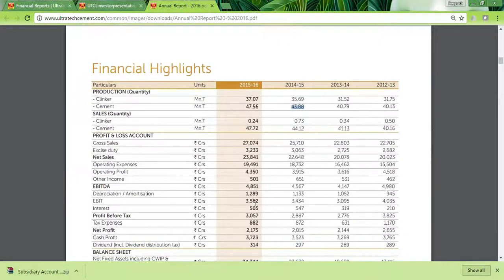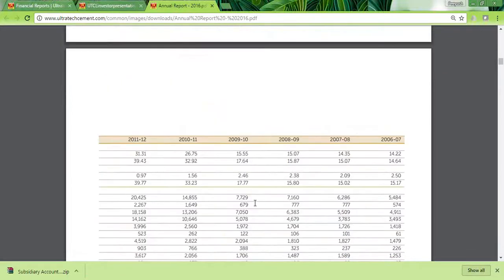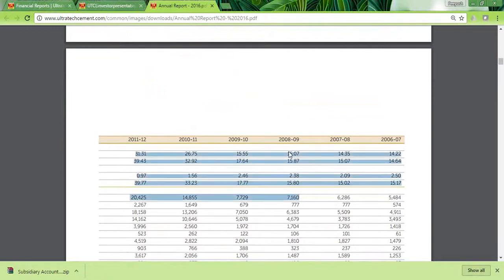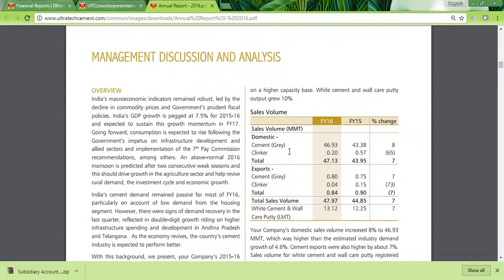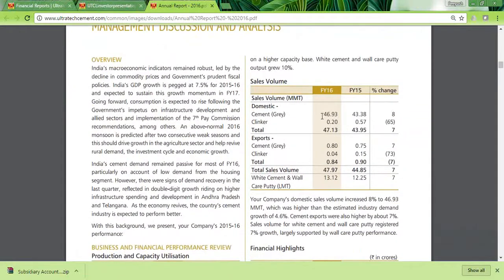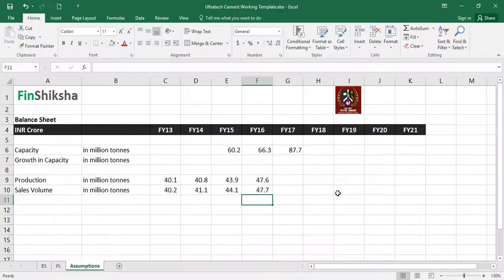We do need the capacity data. Obviously, all financial highlights are available, and we can check the numbers from here as well. But if you look at the next page, it gives you data for the previous few years as well. Now we need to look at the capacity data, and that's the sales volume once again, in terms of what domestic sales has been done and what exports has been done, and so on and so forth for 2016.